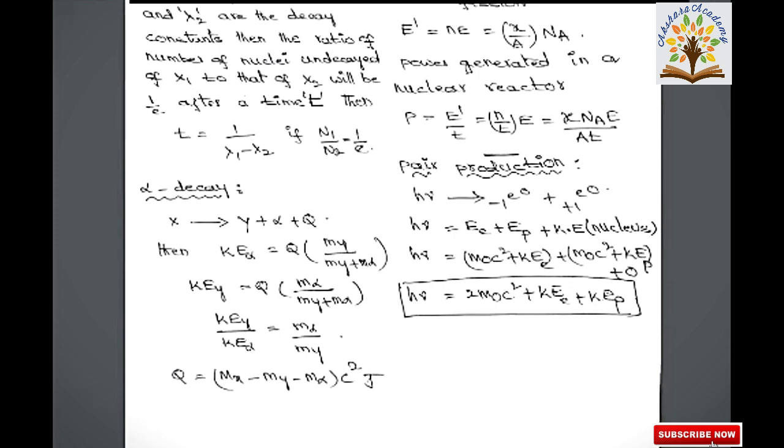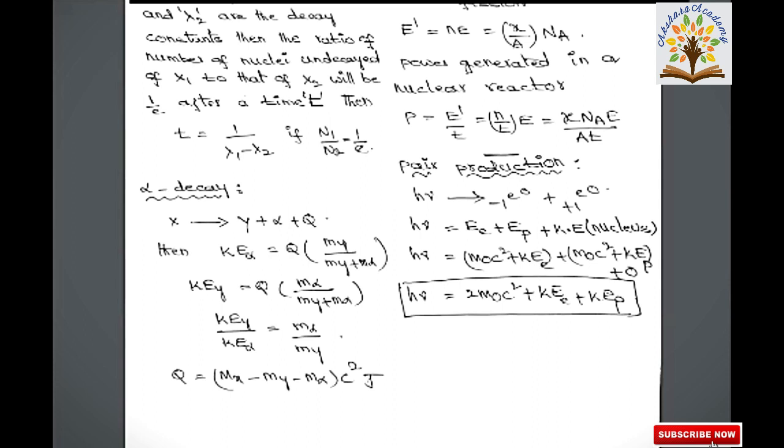Finally, in pair production, a photon converts into an electron as well as a positron pair. If h nu is the energy of the photon, and Ee is the total energy of the electron, Ep is the total energy of the positron, and Ke is the kinetic energy of the nucleus, then we can write h nu is equal to Ee plus Ep plus Ke of nucleus, or h nu is equal to m naught c square plus Ke of electron plus m naught c square plus Ke of positron.